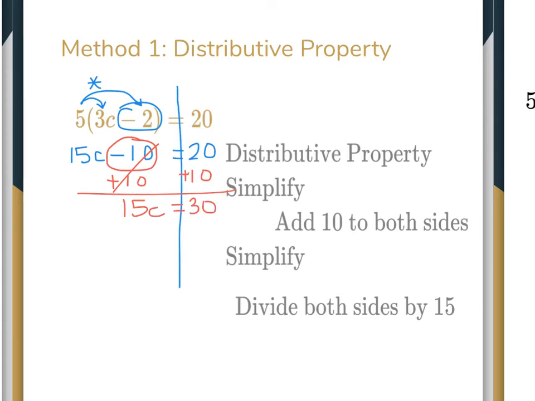And then since the 15 is being multiplied with that variable c, the inverse of multiplying is dividing. So divide both sides by 15, and once you do that, c will equal 2. The difference here is now the distributive property needs to be taken care of first. All right, that was method 1.